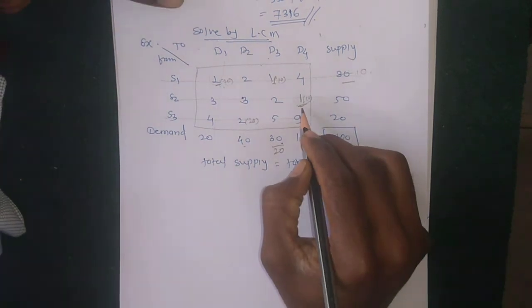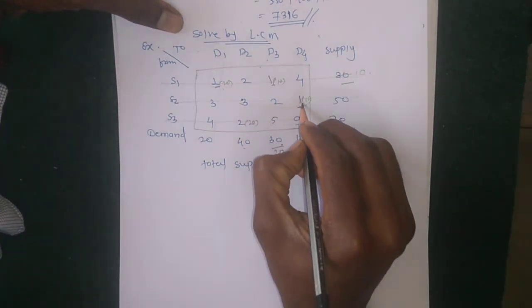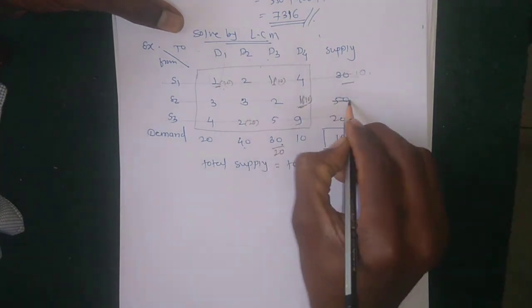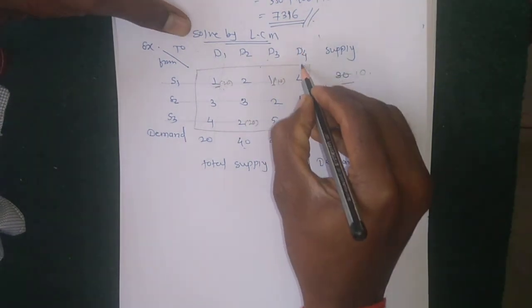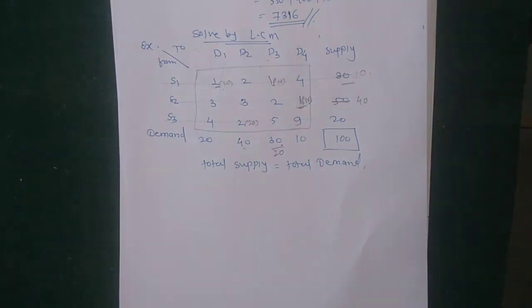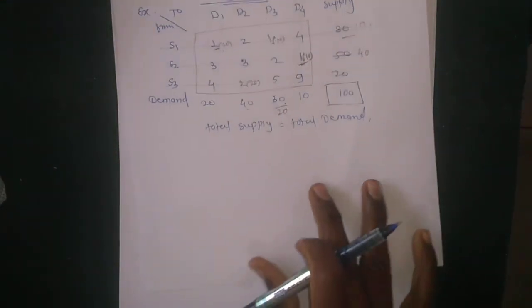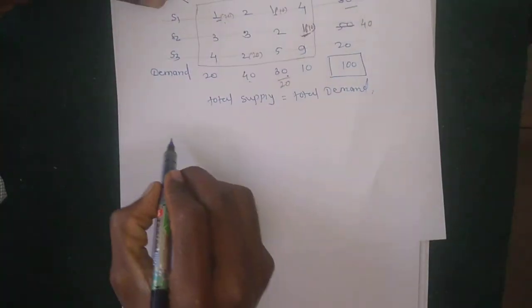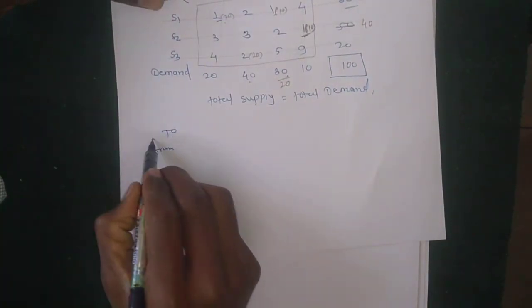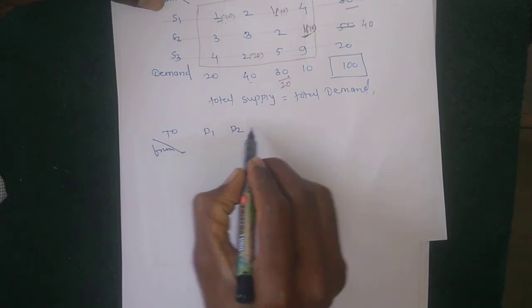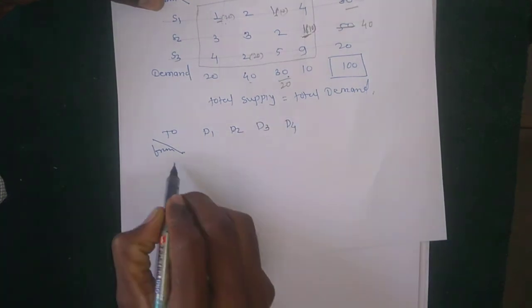If we select this number, then the allocation is 10, so only 40 remains, so delete this column. Now taking the values: destinations d1, d2, d3 and d4, sources s1, s2 and s3.